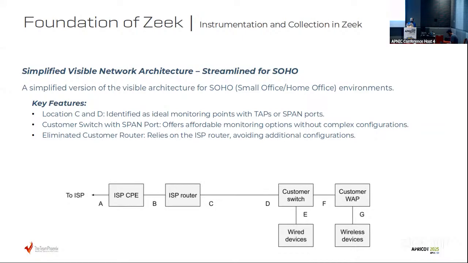So our goal is to export the raw traffic and place it into Zeek, so we don't have to overload our operational complexity. That is why we ditch the customer router. So this is the most simplified network infrastructure version for a SOHO network.